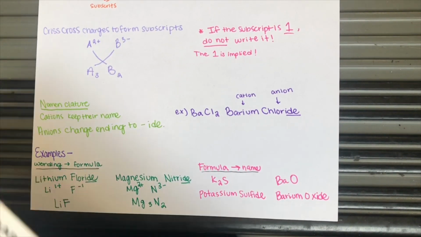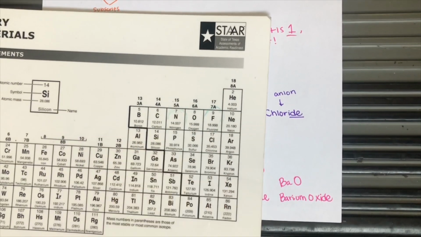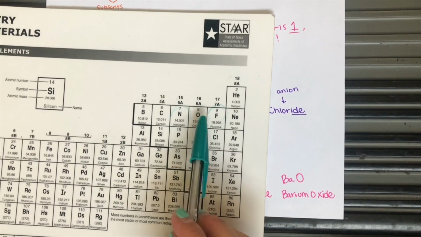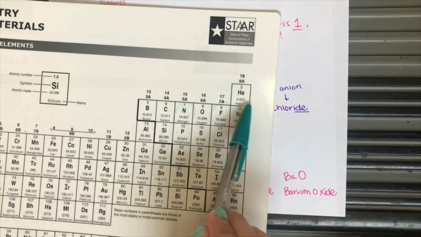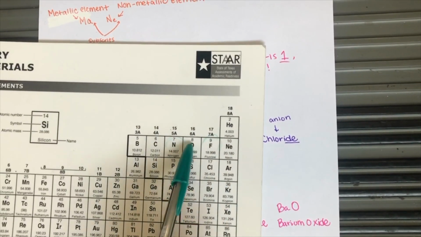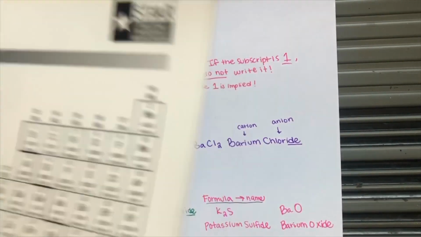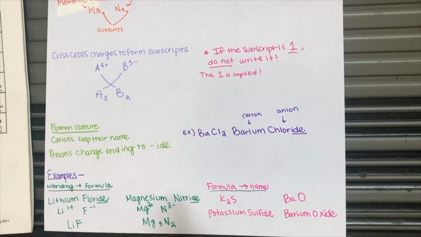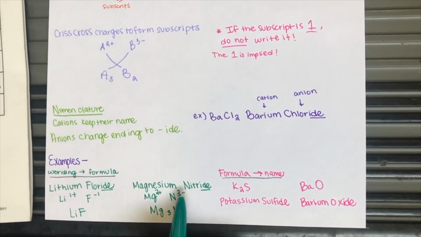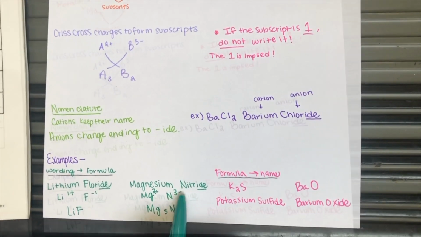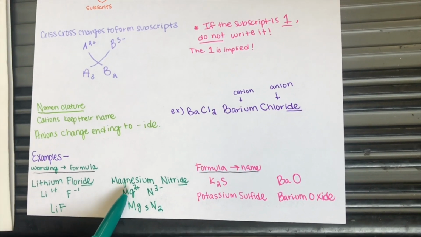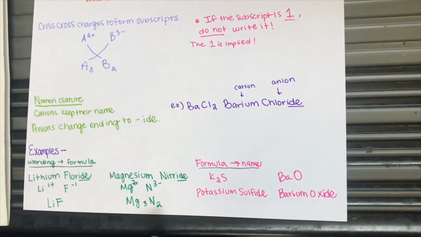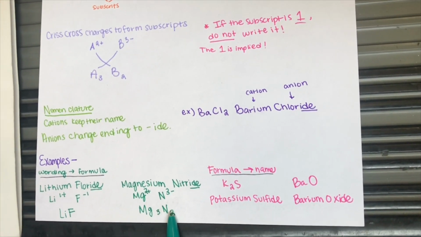Nitrogen is located in group 5A, and it will steal 1, 2, 3 valence electrons to get to 8 valence electrons, and that's why nitrogen is 3 negative, which when the charges are switched or crisscrossed, the subscript becomes 2.